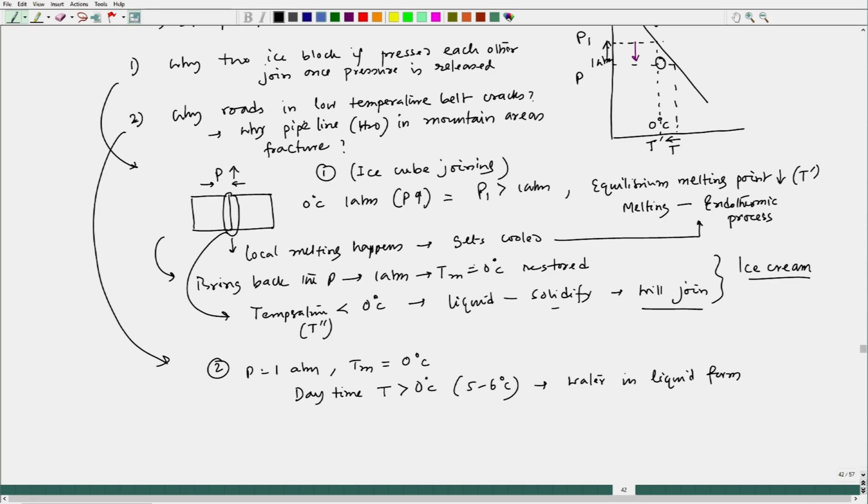Let us say there is a small crack in the road, so this liquid water can seep in. Now, what happens at night?